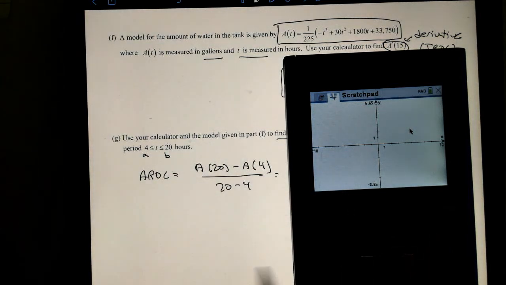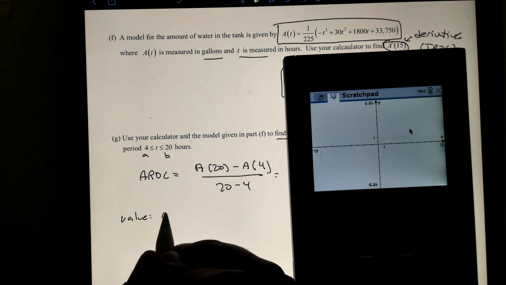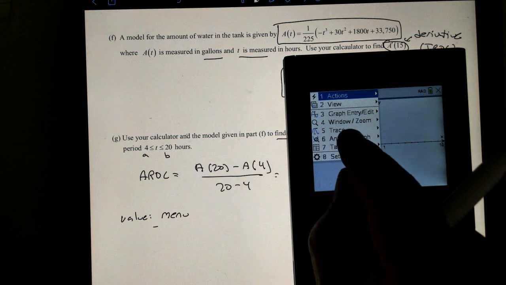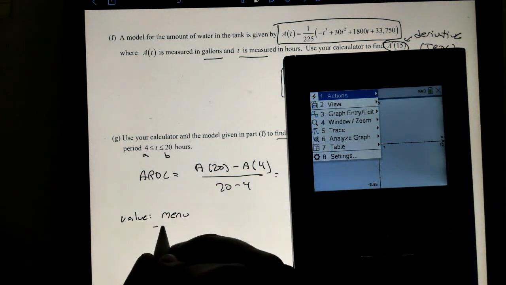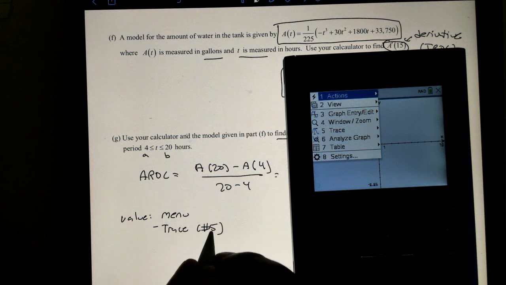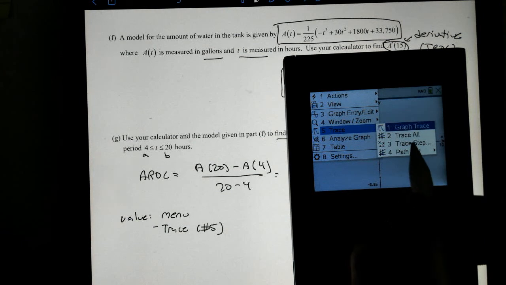I want to find these numbers up here. So on the calculator, to get the value, you're going to go to menu. From menu, you want to go to trace. Number 5, trace. Press enter. And you want graph trace.